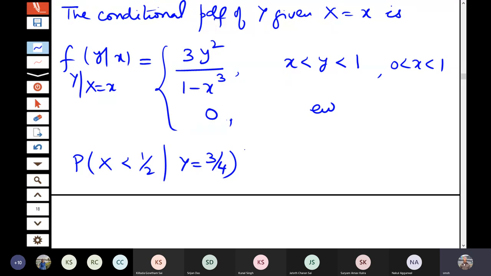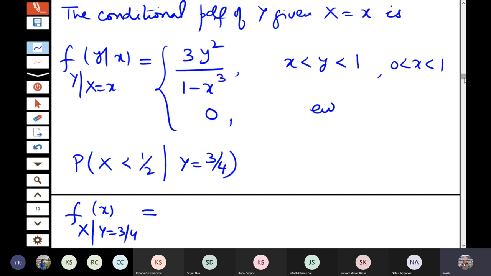So find out the conditional distribution of x given y is equal to 3/4.